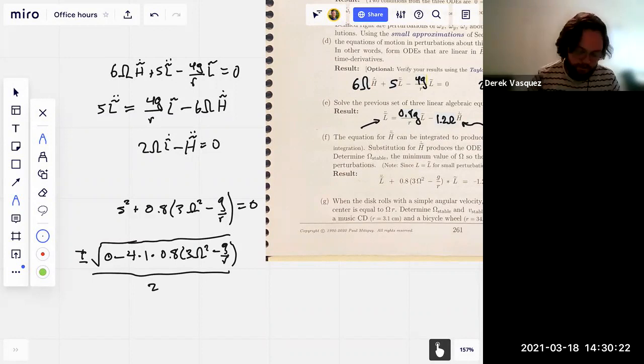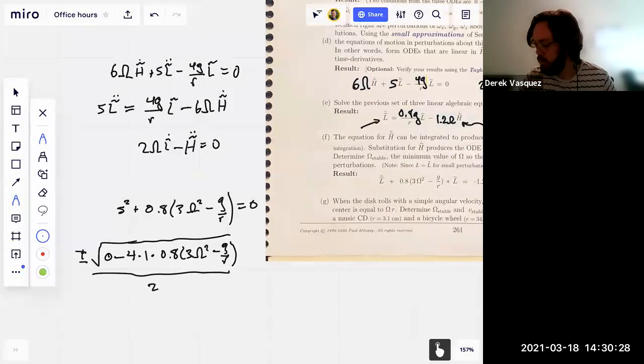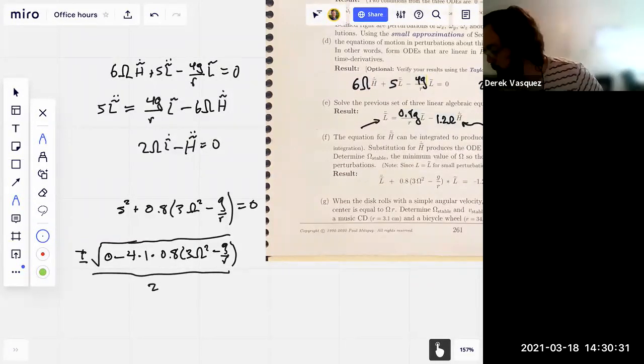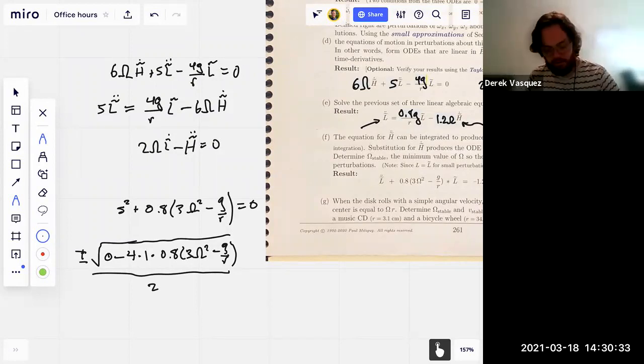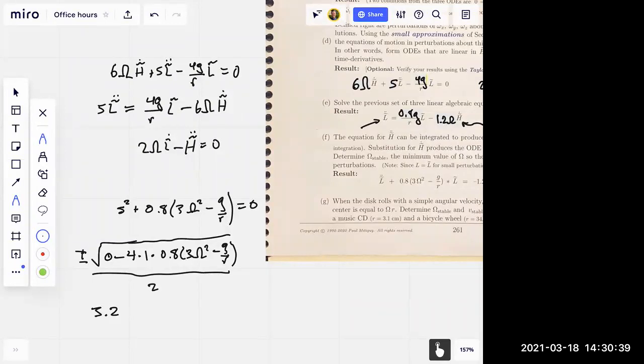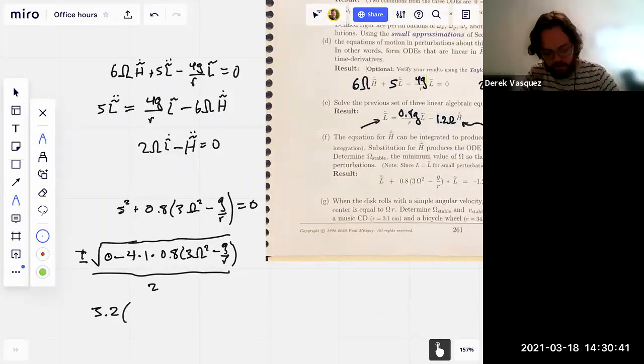So let's go. So what's 5 times or 4 times 0.8 gonna be? 3.2. 3.2. So we have 3.2 times 3 omega squared minus g over r over 2.